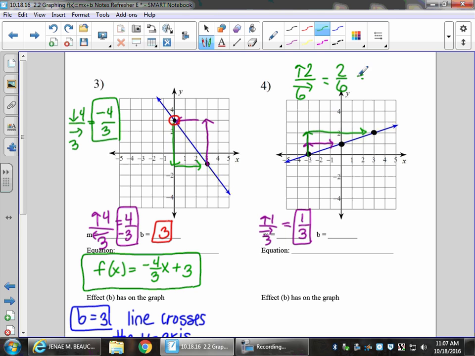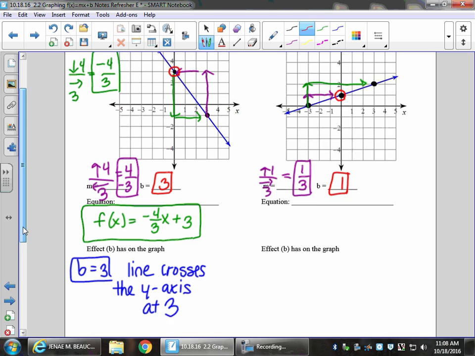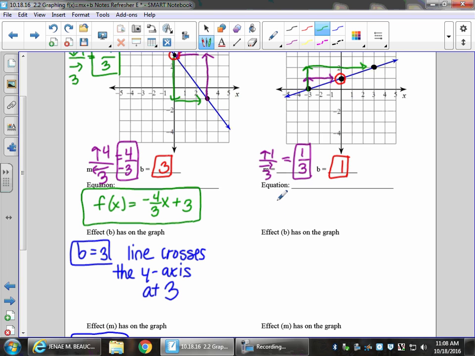Can you reduce 2/6 to what? 1/3. So it still worked out. Good. What's B? 1. Yes. So now if we put our two pieces of information together, f of x equals 1/3 x plus 1.